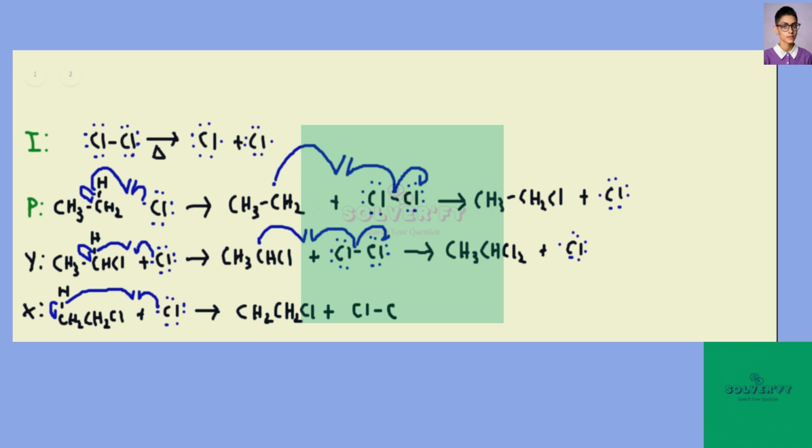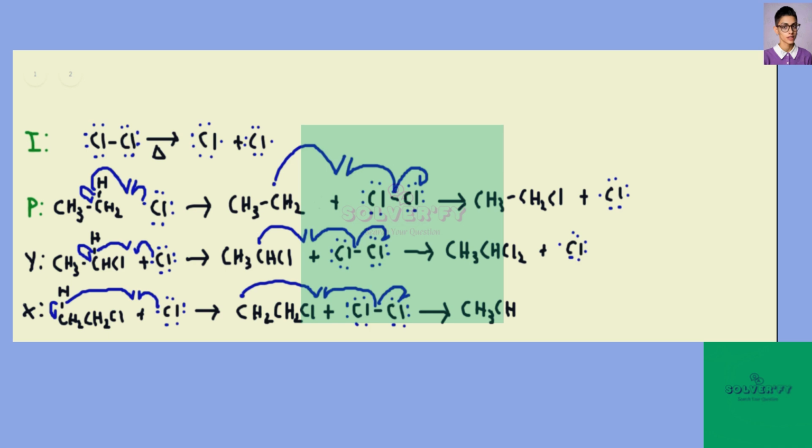That will react with another equivalent of chlorine gas. The radical's here now, and this will react just as we've seen immediately above. That's going to give us our product X, as well as regenerating the chlorine radical.